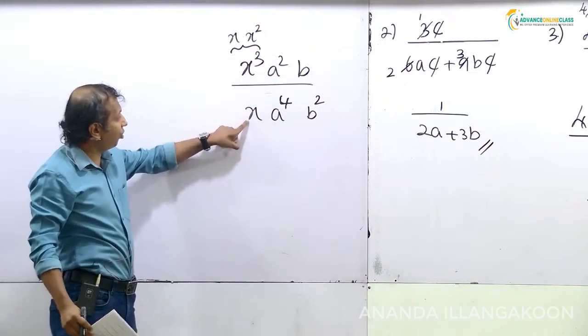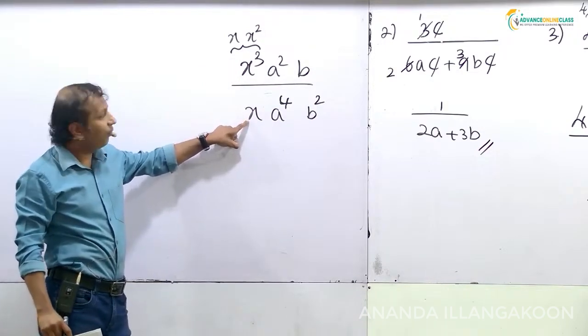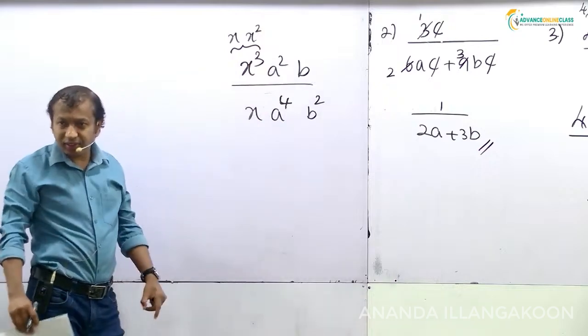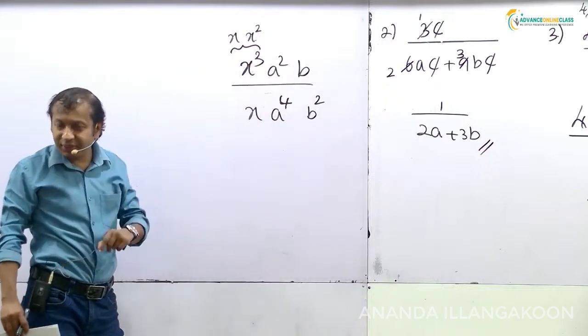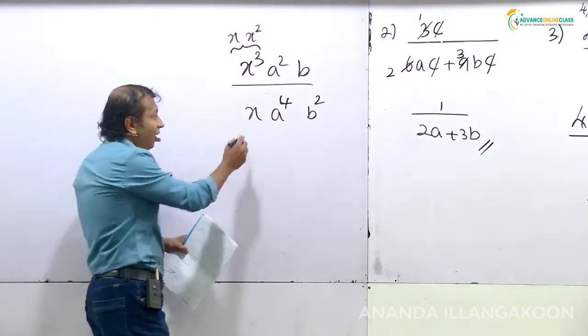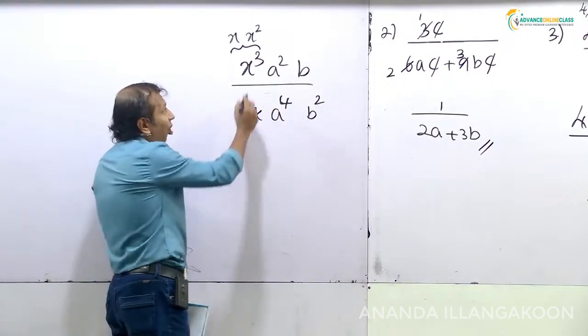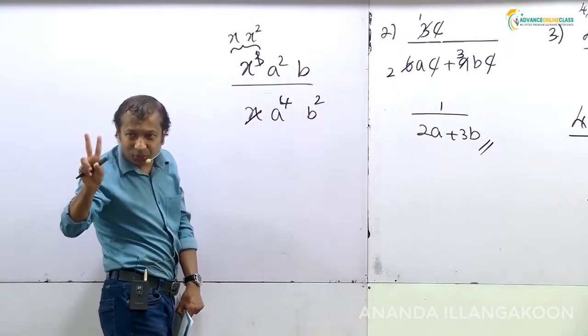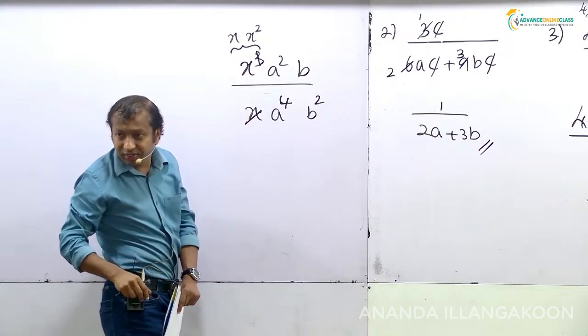This 6 and this 6 we cancel down. Then another x squared we should have, no? Am I correct? Then how to write that here? We cancel down this 6 with this 3, and in place of 3 now we write what? 2. Am I correct?